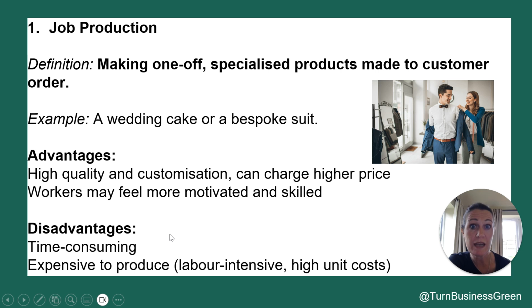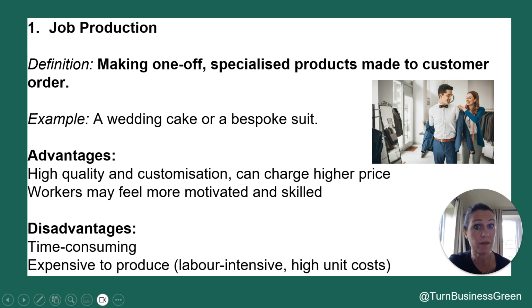You can therefore, as a business, charge a higher price for that product because customers are willing to pay more because it is such high quality and it is made exactly how they would like it. For example, a table and chairs that the customer has ordered and requested a certain size, certain design. This leads to workers feeling much more motivated because they're using their skills, they're being challenged every day, they're doing something different all the time, and they don't get bored.